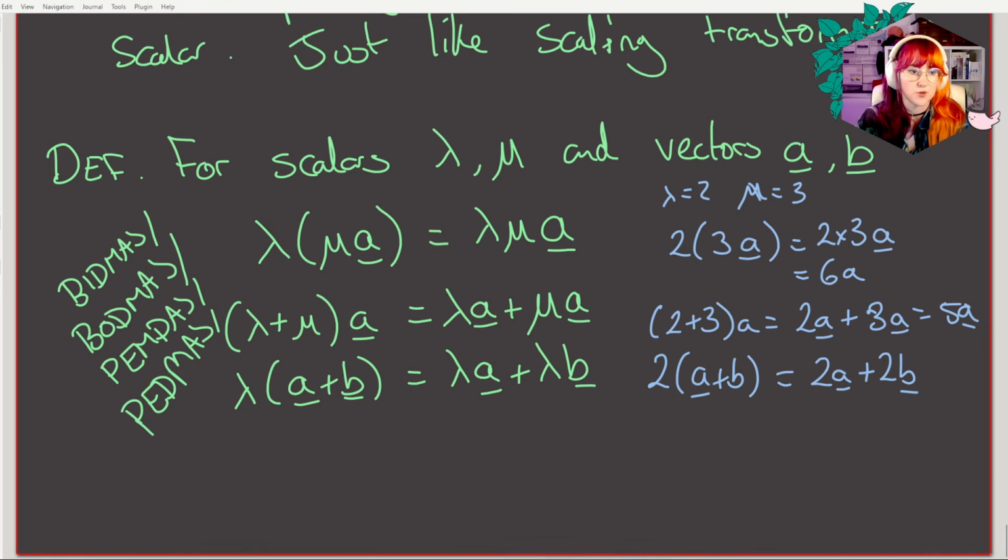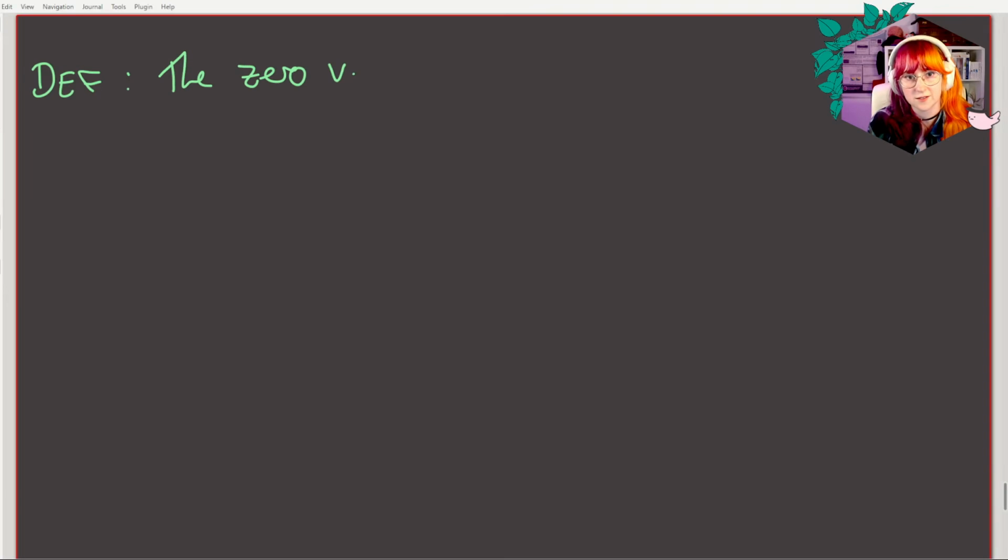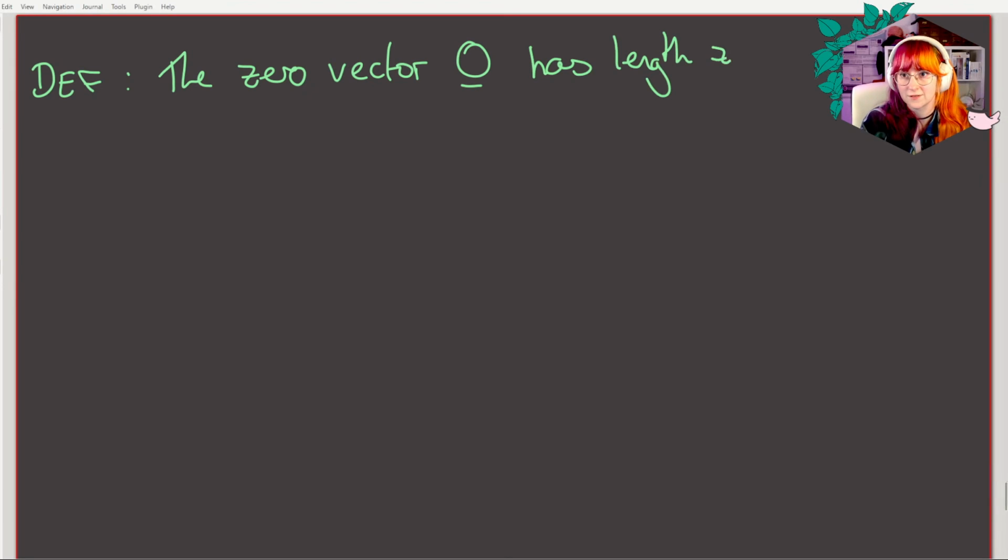Another definition that I rolled over earlier, that we probably should go into more fully, is our zero vector. The zero vector, and here I am writing a 0, not an O, has length 0 and no direction, or every direction.